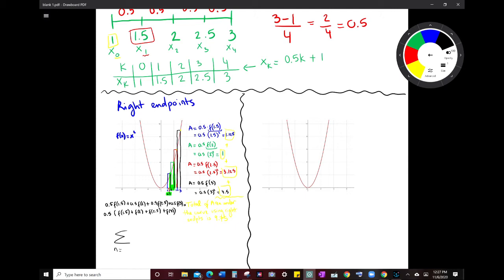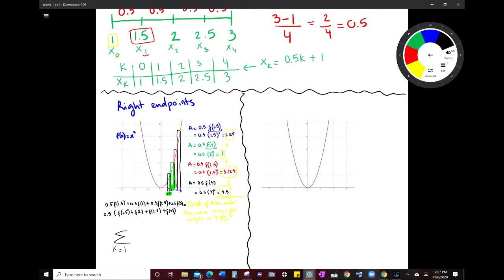No, we didn't use 1. We start from 1.5, and then we use 2, and we use 2.5, and we use 3. So therefore your n, or your k, I should use k, is 1, because you're using 1.5 as the starting point when you use the right endpoint.